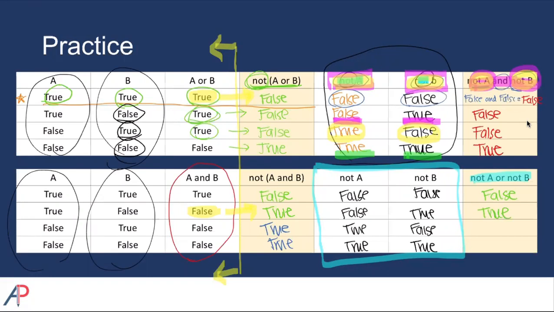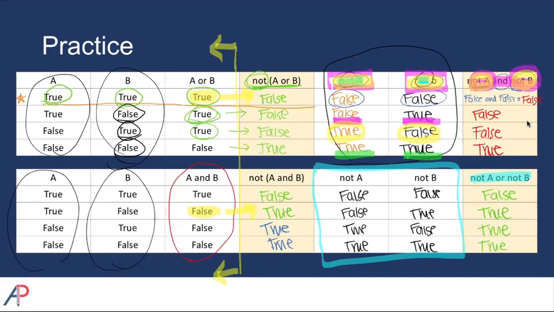And then in the third row, I have not A or not B, so true or false. What would that be? Perfect. And then finally, for not A or not B, I have true or true. What does that give me? This would also be true.